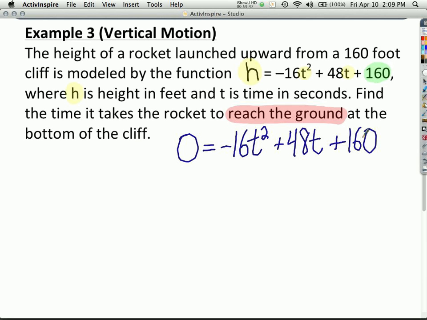We could graph it, and that would be an absolute nightmare. Because the first thing you need is the vertex, and the vertex would be the opposite of b over 2a. We're already involved with fractions, and then we'd have to plug it in and get a nice big number, and it would be a nightmare to graph. It would take a while.